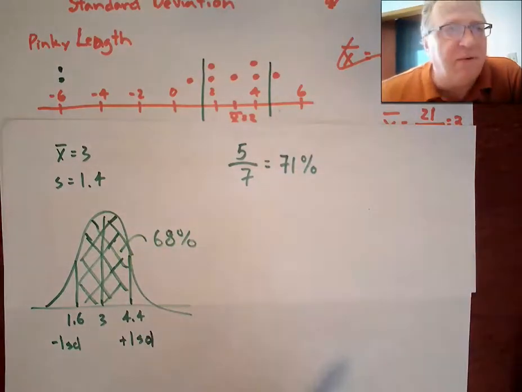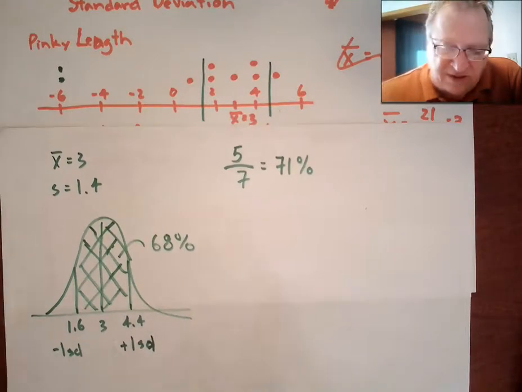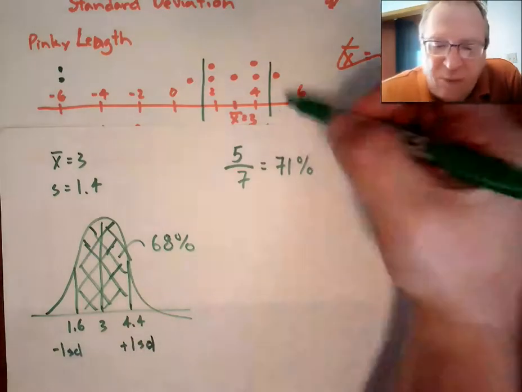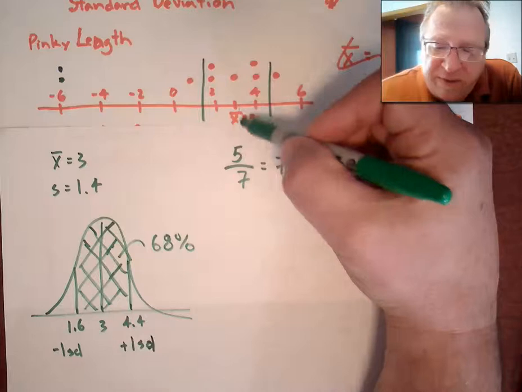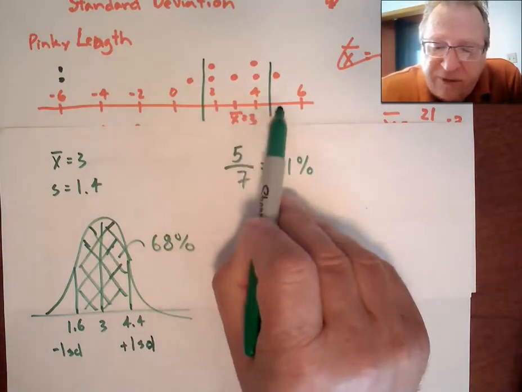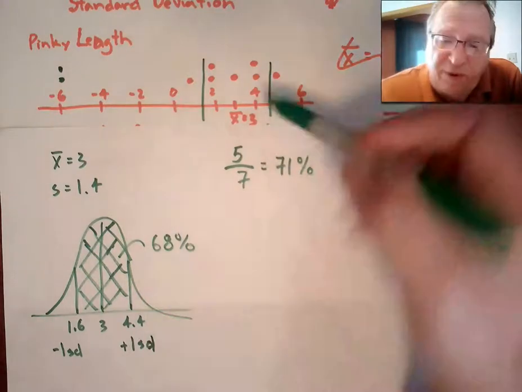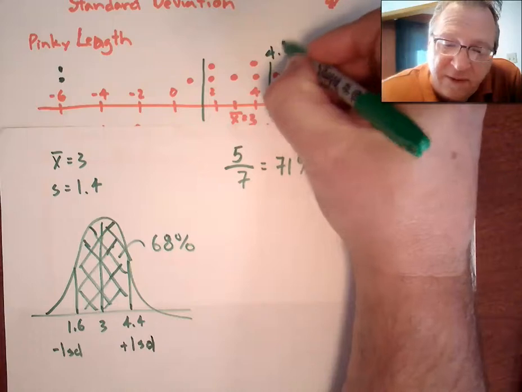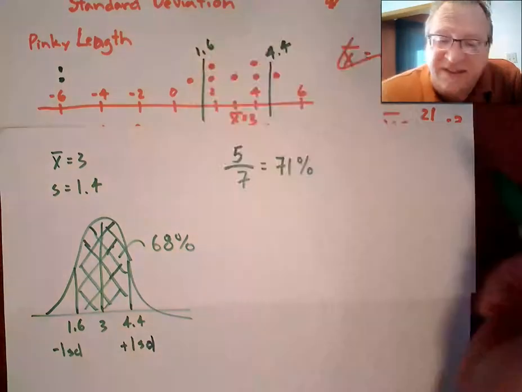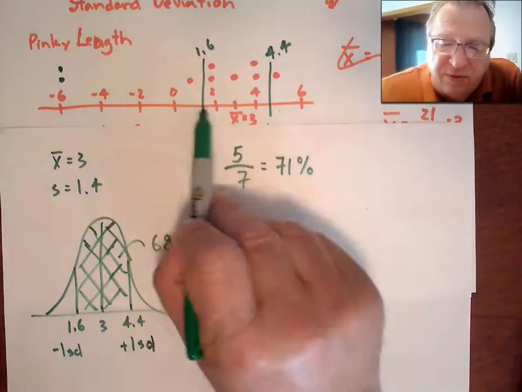Well, let's see if it works. Let's go draw in those points, 4.4 and 1.6, and see what we get. Well, you can see I've already done that. I went from our mean of 3 in the center here, 3, there's 4, and halfway between 5, so I drew a line at approximately 4.4, and another line at approximately 1.6.